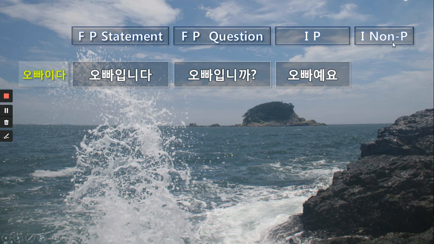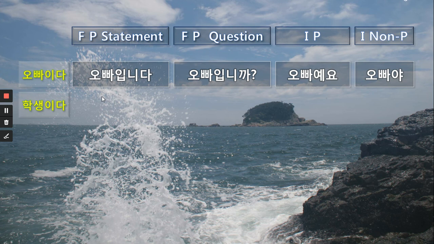For informal non-polite, when there is a verb be, it's not just omit 요. So for this, you need to put 야. So 오빠 이 plus 야, 이야 contraction. 오빠야. Do you understand? 난 오빠야. 내가 오빠야.